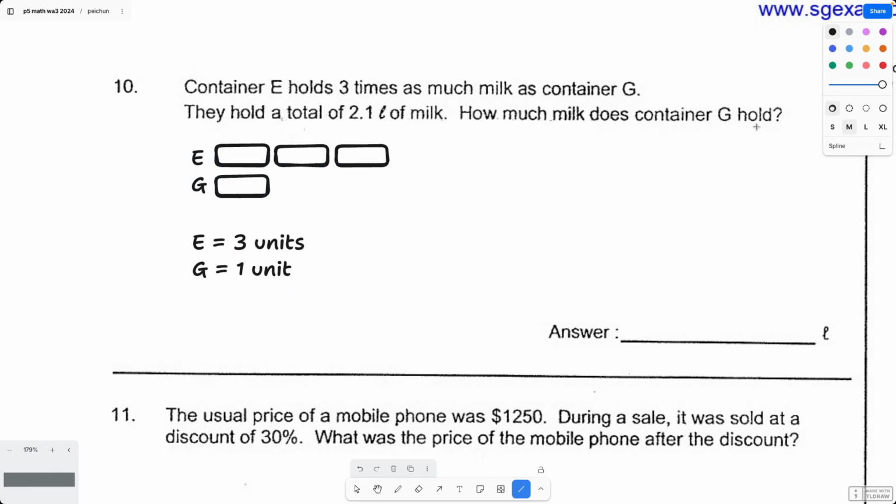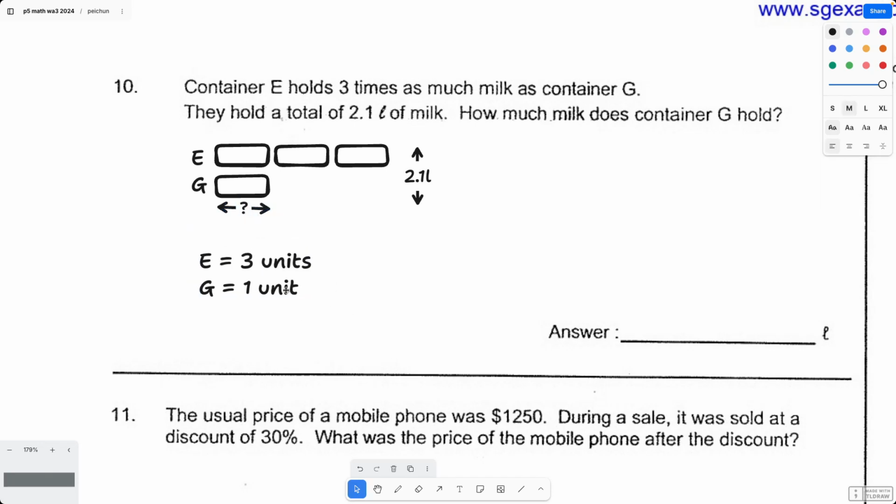Then we also know that the total milk is 2.1 liters. So what we want is to find G. Either way, if you understand that, that's great.